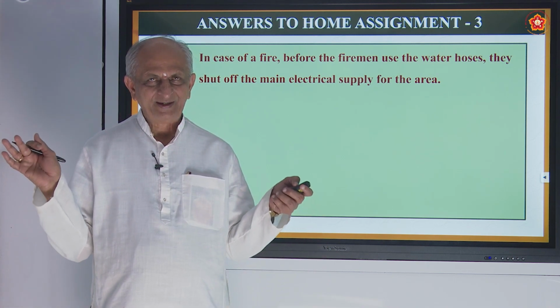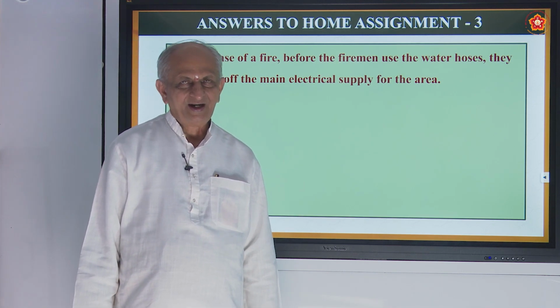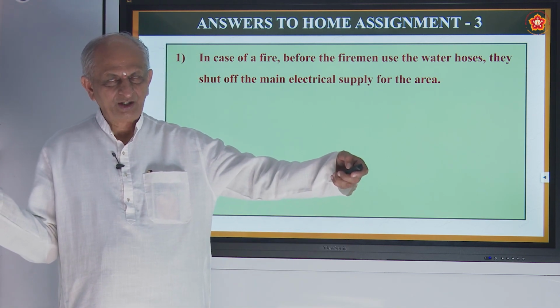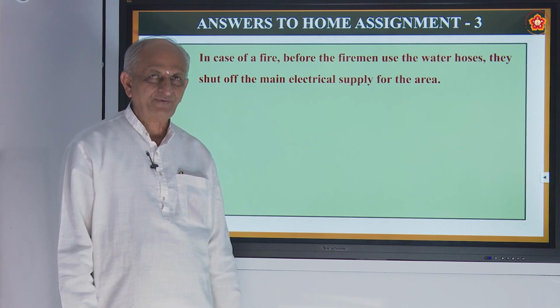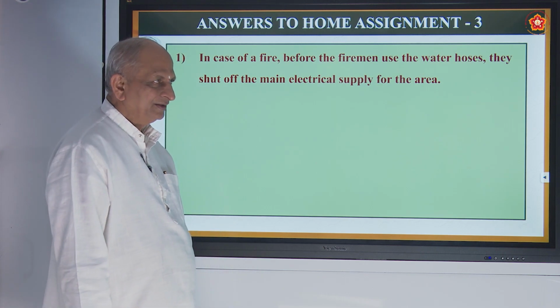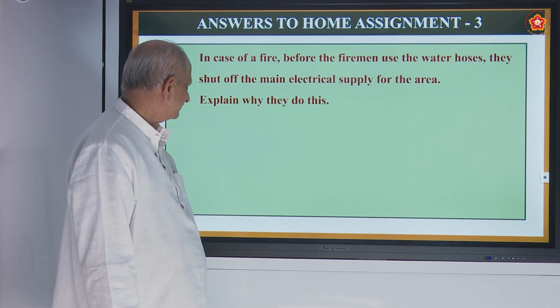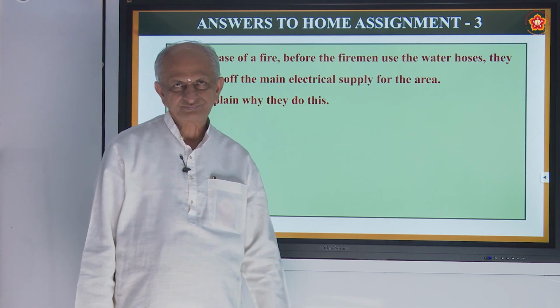There will be a separate department in every district, correct? And they have got fire extinguishers. You might have seen very big lorries with the siren. They come, run fast wherever the fire. When there is a fire, they run to the place. Now they are asking why do they do this?